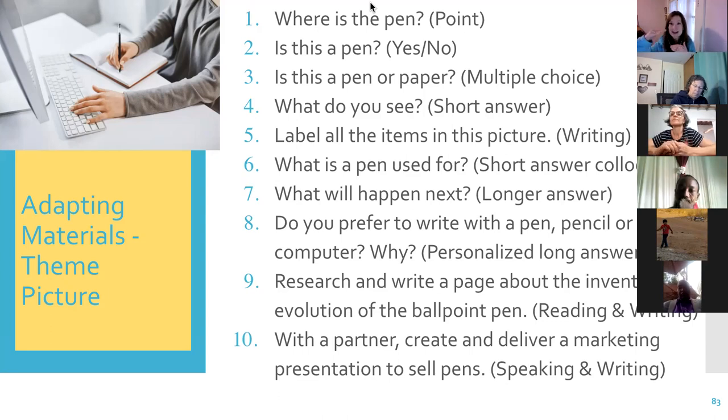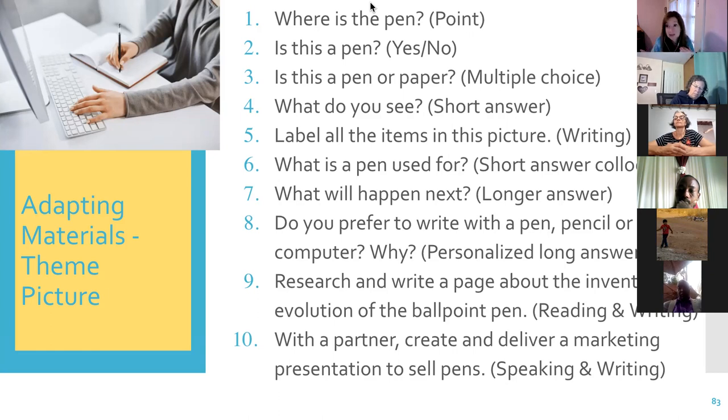The next level up from that, you can point as the teacher and say, is this a pen? And then they either say yes or no. Okay, so they're producing language, but it's very simple language. It's just the words yes and no. If you bring it up a level further than that, you can give them choices and you can say, is this a pen or paper?